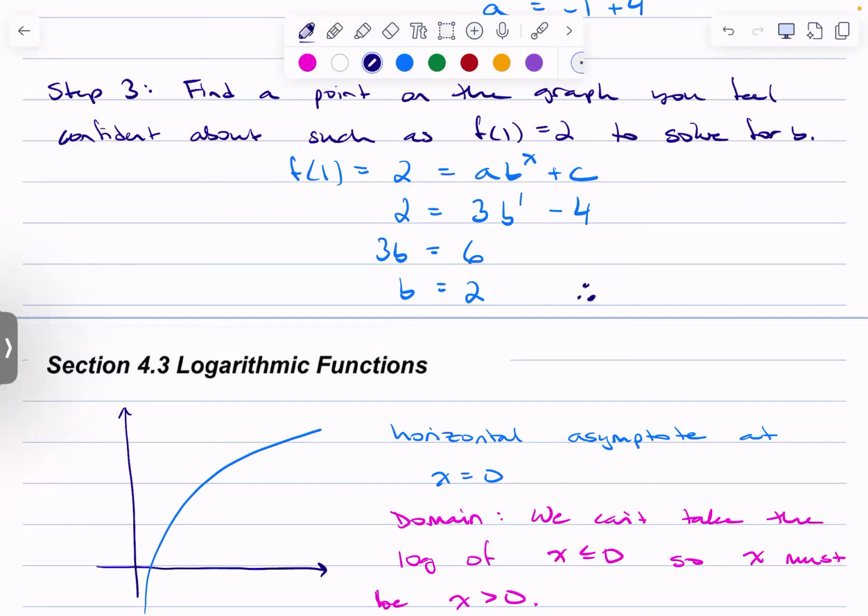Therefore, in general, now that I have a, b, and c, f of x must be equal to 3 times 2 to the power of x minus 4.